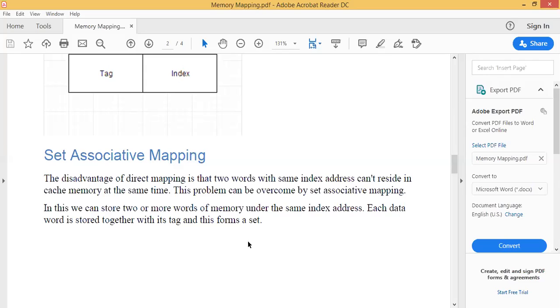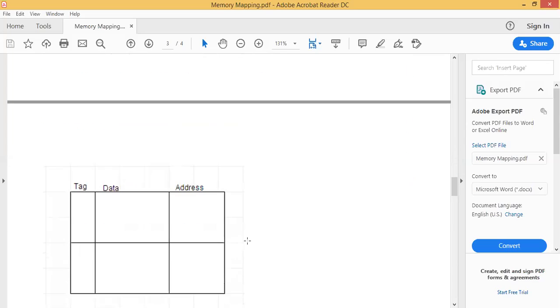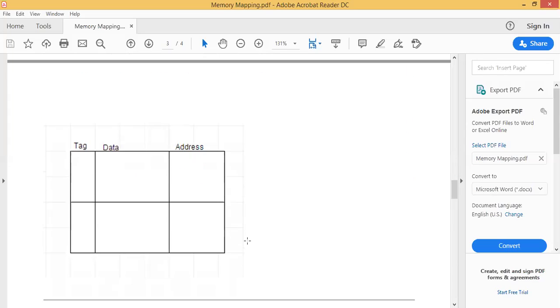So we can store two or more words of memory under the same index address, where each data word is stored together with its tag, and this forms a set. Here is the picture. There are three fields: tag, data, and address.